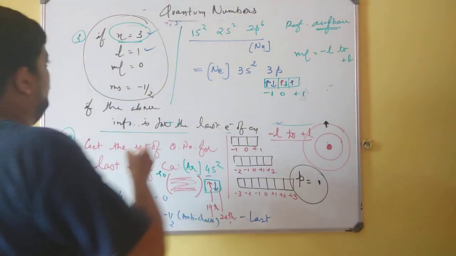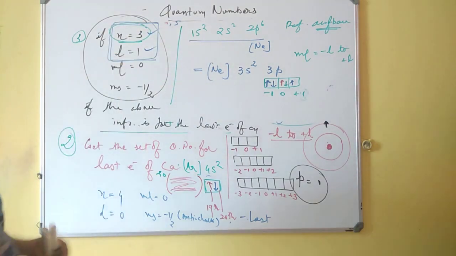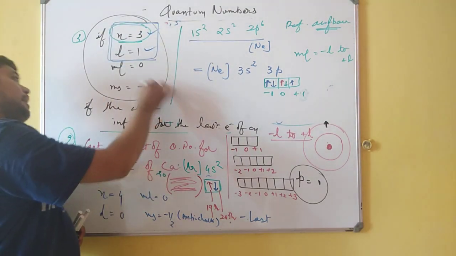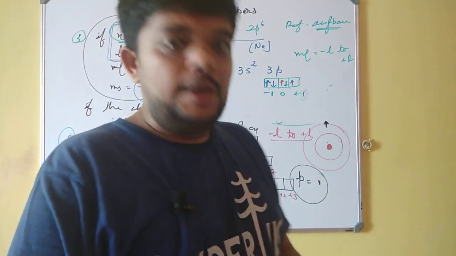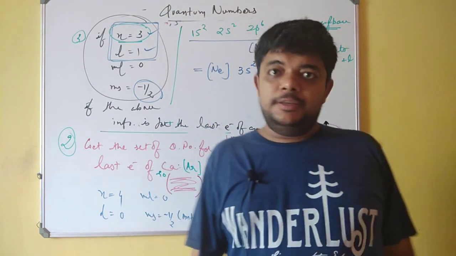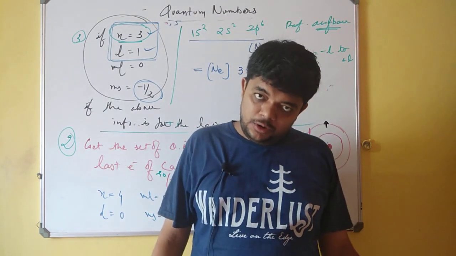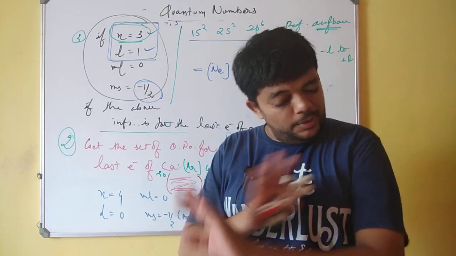Always remember, when you are done with n and L, before justifying ml, keep an eye on ms. Just now we said that no one has told that plus half is clockwise and minus half is anticlockwise, or that you should always keep plus half first and then minus half. No one has told.